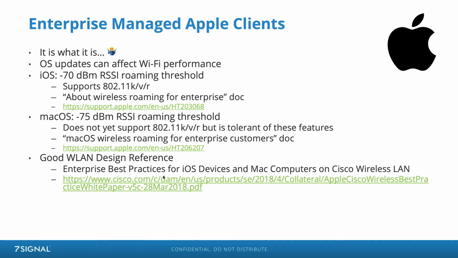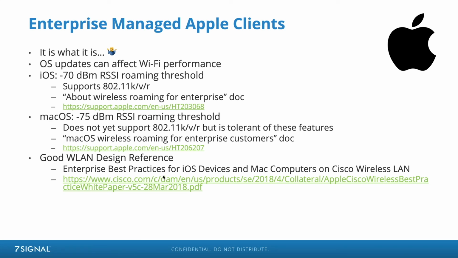A really good reference here, though, is the Enterprise Best Practices for iOS Devices and Mac Computers on Cisco Wireless LAN white design reference from Cisco and Apple. It really kind of gives you the lowdown on what Wi-Fi design principles and features will enhance the performance of iOS and Mac computers, what you can do on the infrastructure side to help them out.